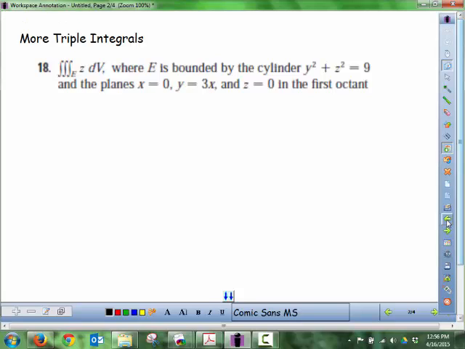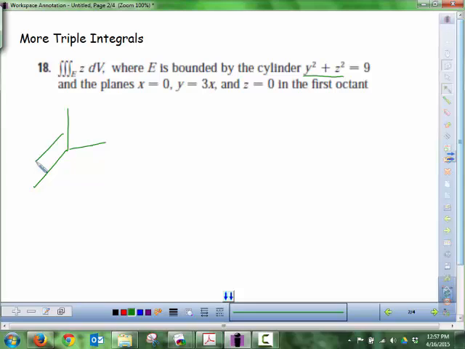So it looks like our cylinder is going to get cut up. So we have a regular circular cylinder, and this is going along the x-axis because this has just a y and a z. So this is your cylinder.